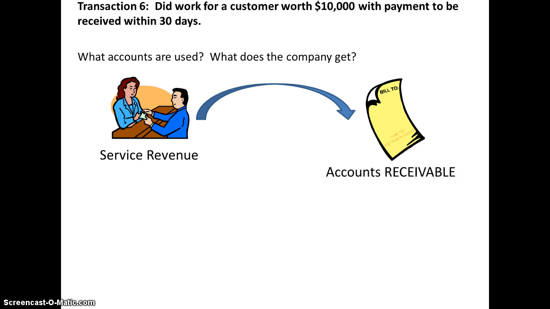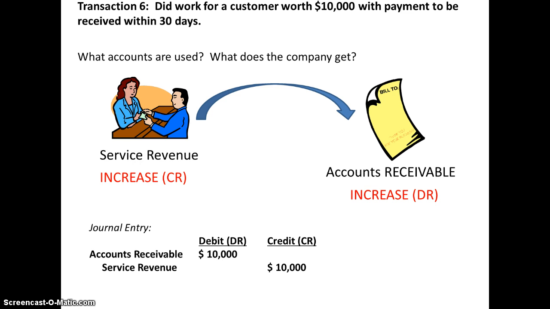Accounts receivable is an asset because it is something that we have or own because we will have that money in the future, or we should hope to. So we want to increase our service revenue, and we also want to increase something that we have or own. The journal entry would be a debit to accounts receivable for $10,000 and a credit to service revenue for $10,000.